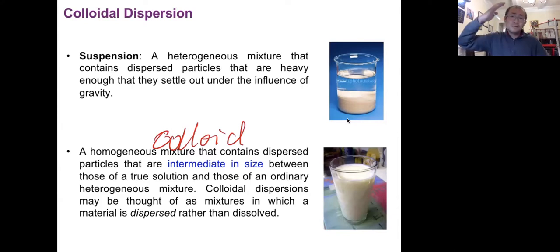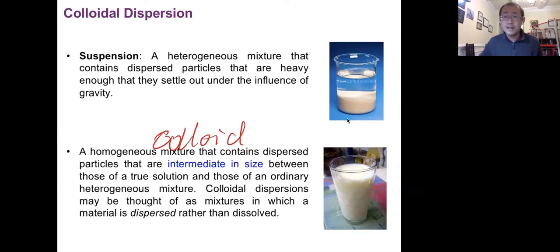Again, the particles are bigger. They are still uniformly distributed, but they're not like a solution, mostly clear. And also, they're not like a suspension, the particles will not settle. An example you have with you of a colloid is the milk you drink every day.